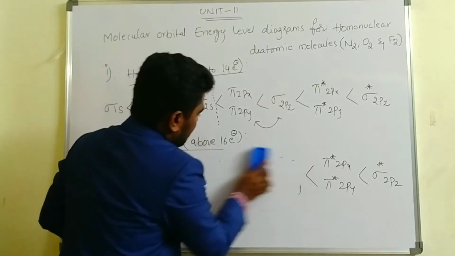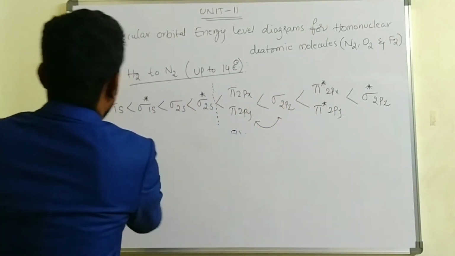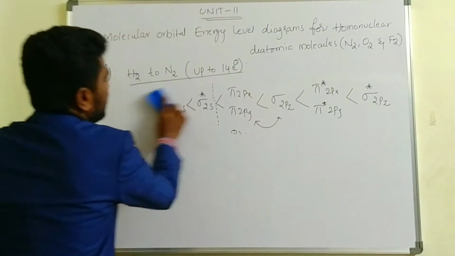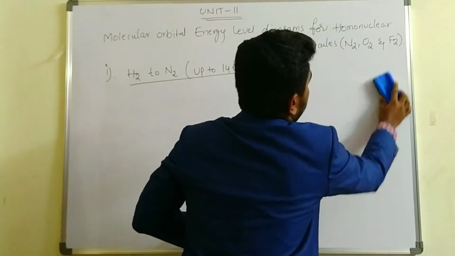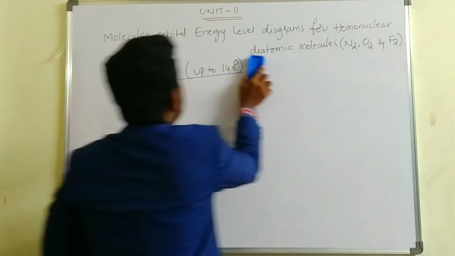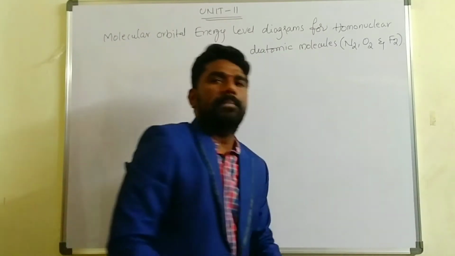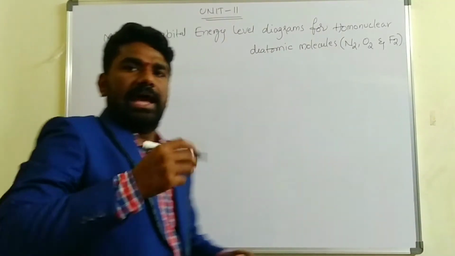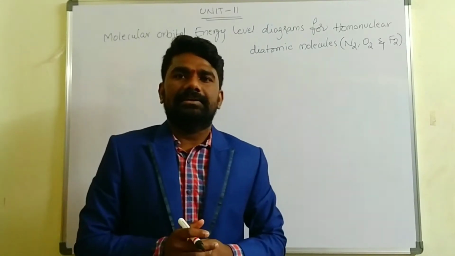After constructing the molecular orbital energy level diagram, we need to calculate the bond order, and we need to discuss the magnetic nature.